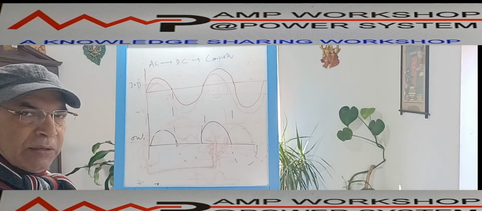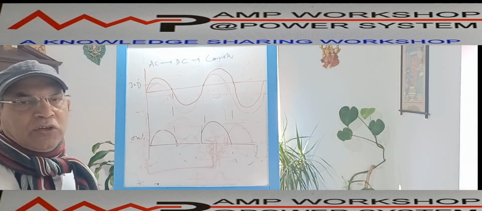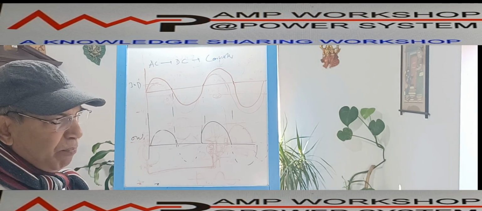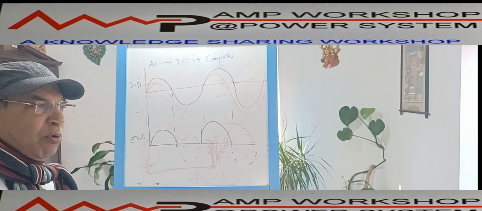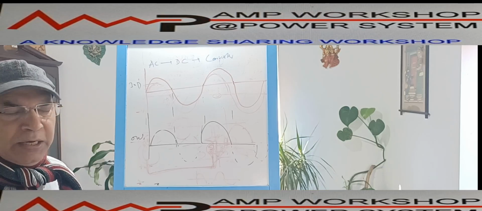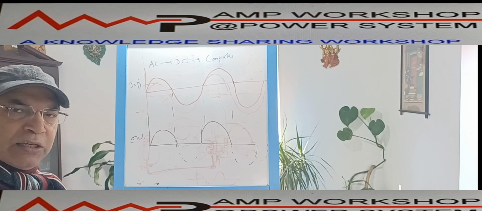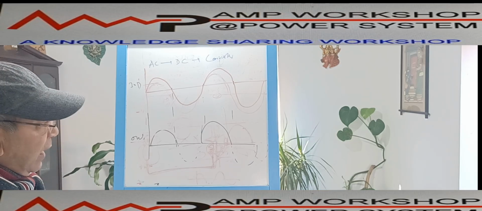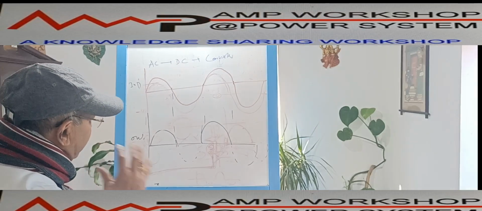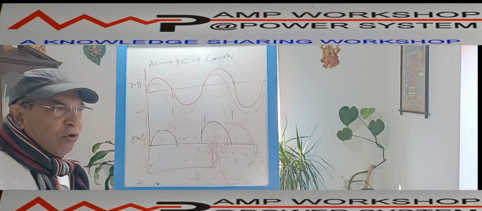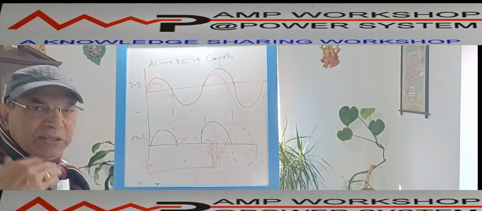We can do this by using 2 diodes instead of 1 diode. If I use 2 diodes, when one diode is positive, the other diode will be negative, and when the other diode is negative, this one will be positive. So there are 2 ways we can make a full wave rectifier. The best way to get a full wave rectifier is to use a bridge rectifier.